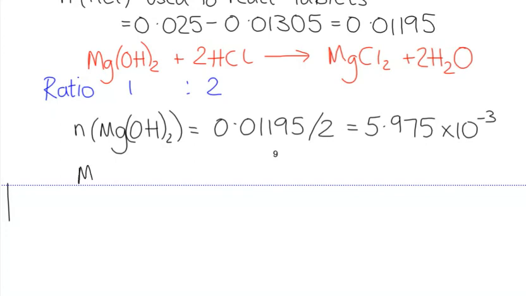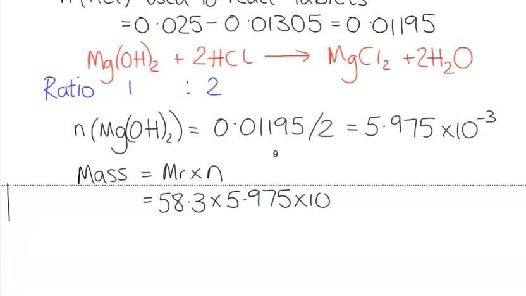What's the mass of magnesium hydroxide? Well, mass is Mr times moles, so add up the Mr of magnesium hydroxide. You get 58.3. And multiply it by our number of moles. And you should have got 0.348 grams.